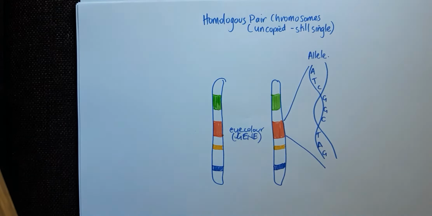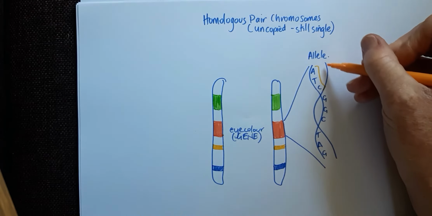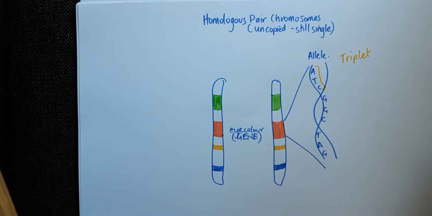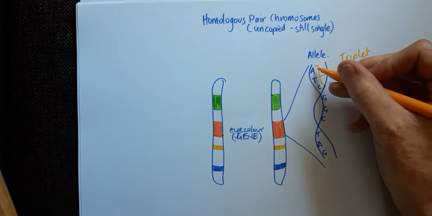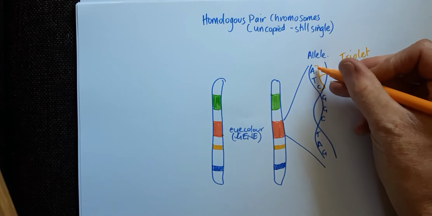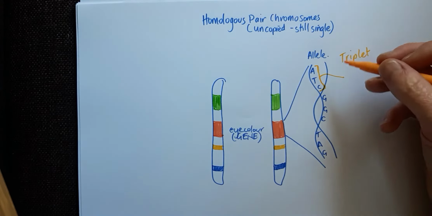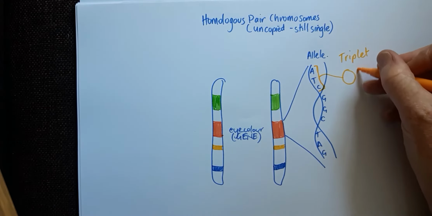Now, every 3 of these letters is what we call a triplet. Triplet being 3, pretty straightforward. And each of those, their code gets read. It gets a wee bit complicated. It turns into RNA and there's all these other things that happen. But for what we need to know, that gets read and it produces something called an amino acid.